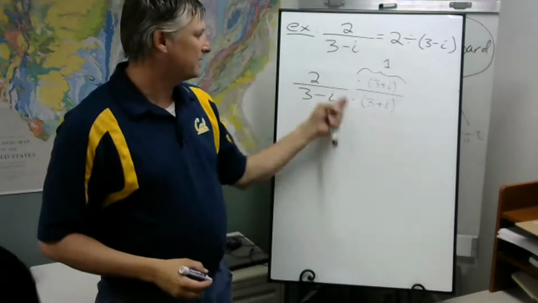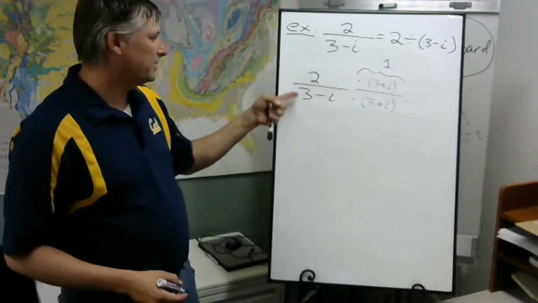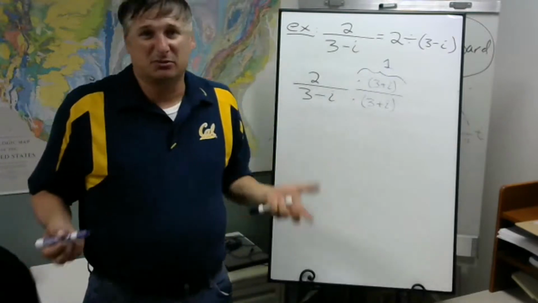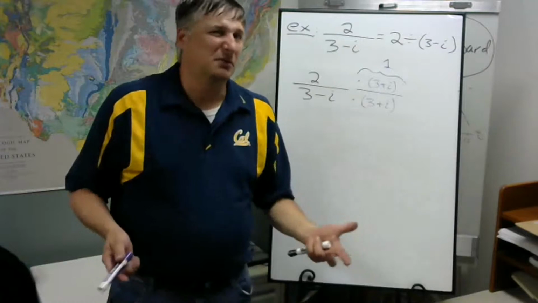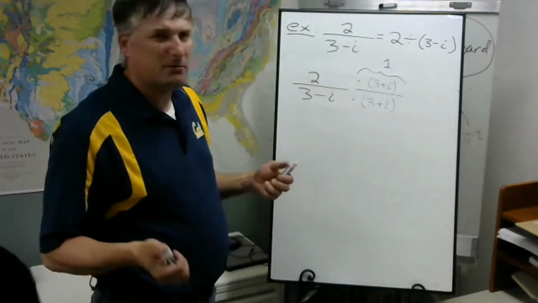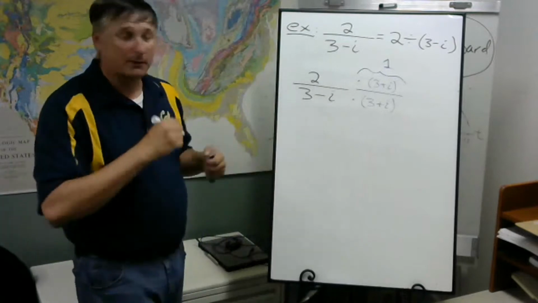So technically, all we're doing, this entire thing is just the number 1. So we're just multiplying this thing by 1, and that doesn't change it. So it's really staying the same. This is just going to be a trick to make it look a little different. And it lets us actually compute the division, or compute it where there isn't an i in the bottom. So all right, so here we go.